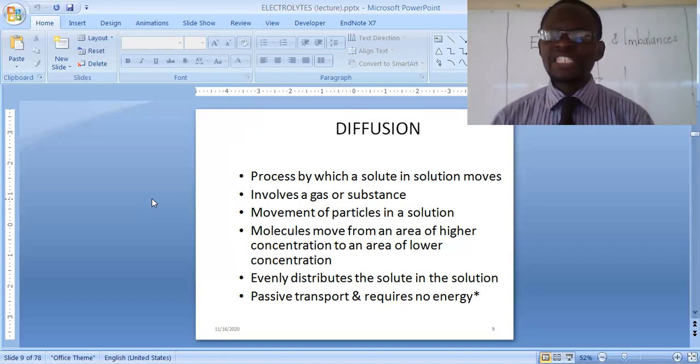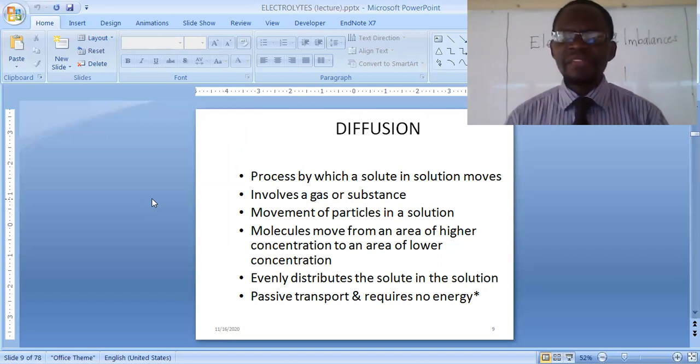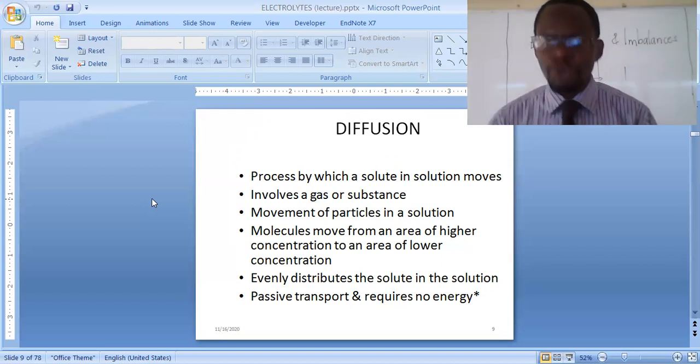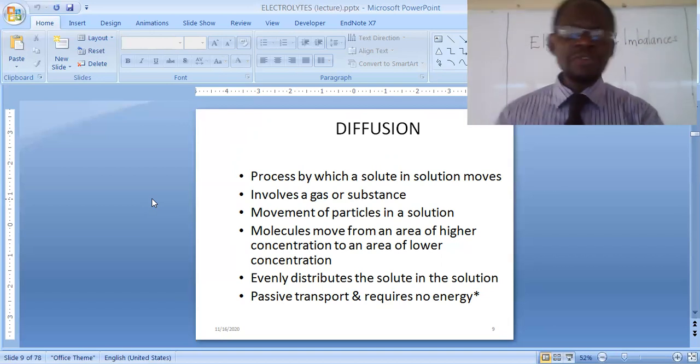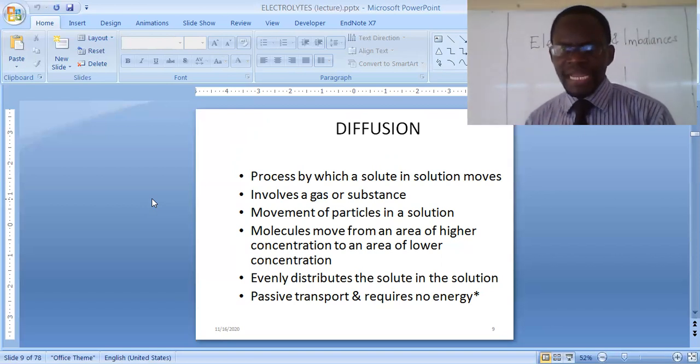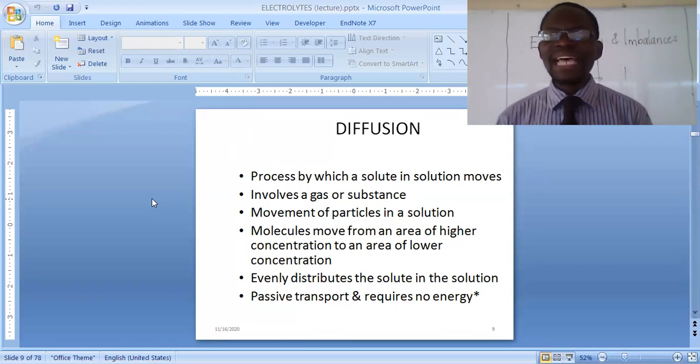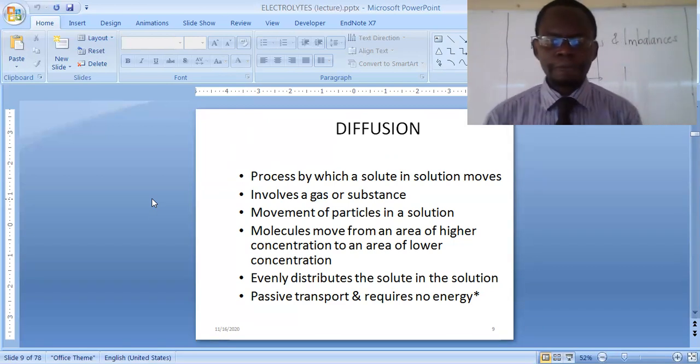So the oxygen diffuses out of the alveoli into the blood. And then the carbon dioxide does the opposite. That process is what we refer to as diffusion.